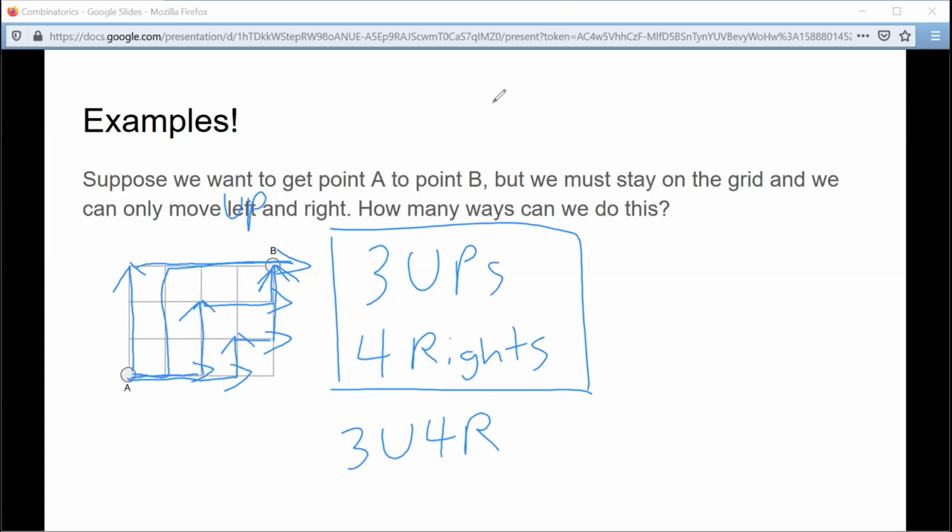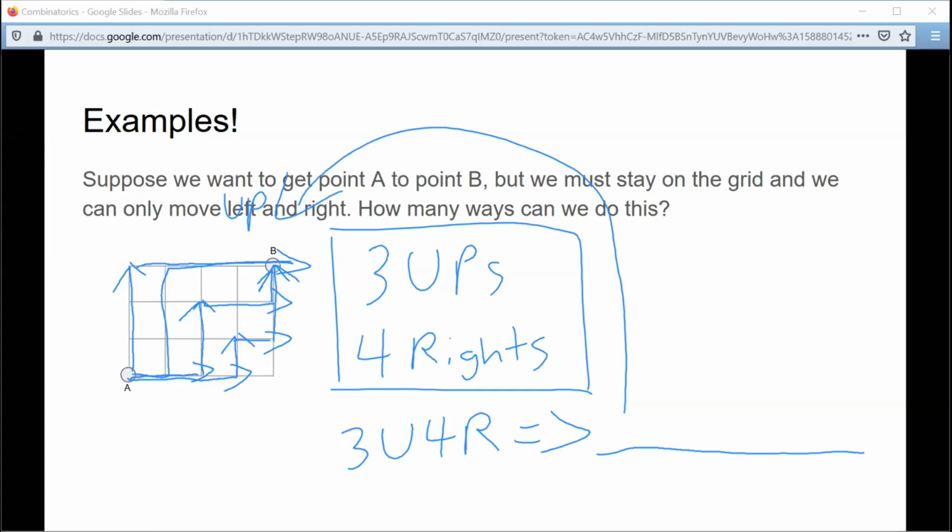If you give me any pattern, any 7-letter word with 3 U's and 4 R's, every single word can be turned into a path on this graph. Every 7-letter word is a set of instructions you would give me for getting from A to B.